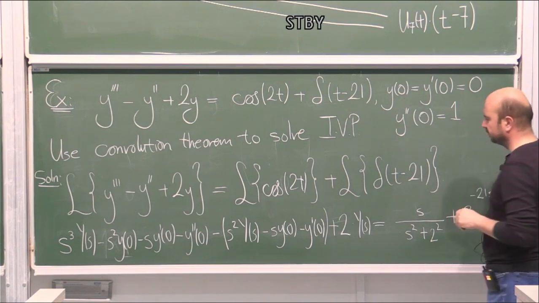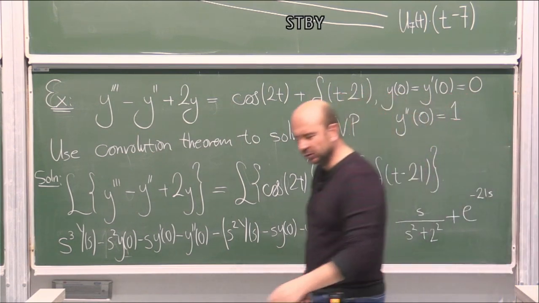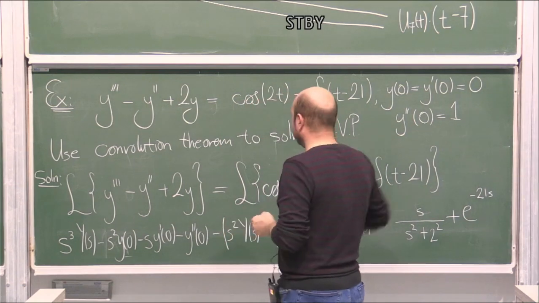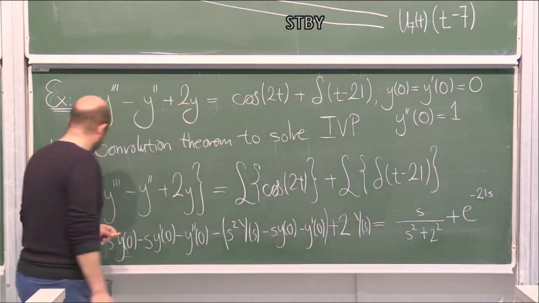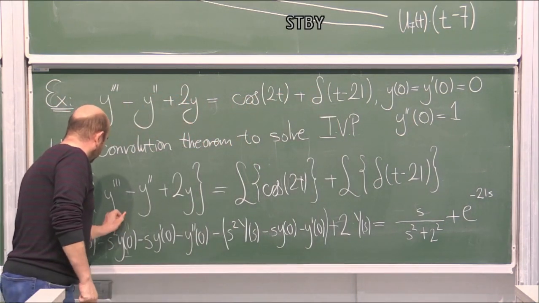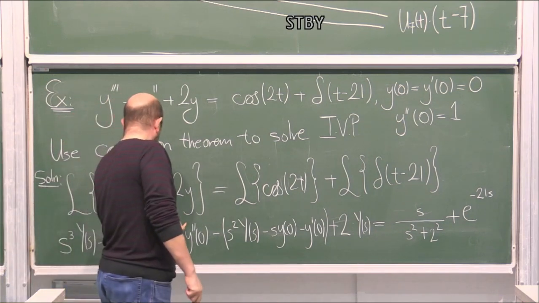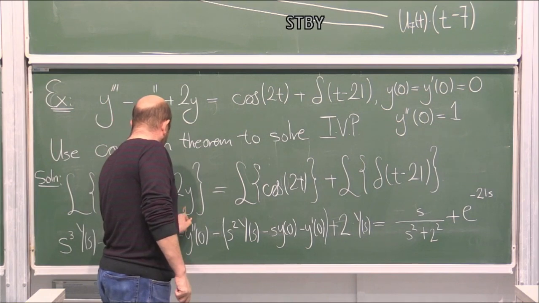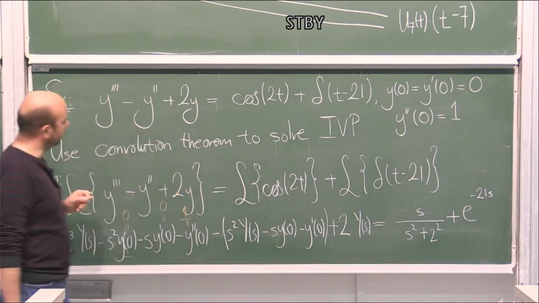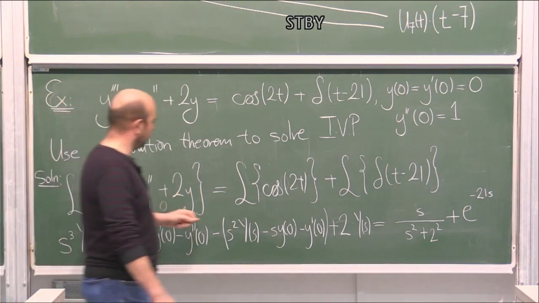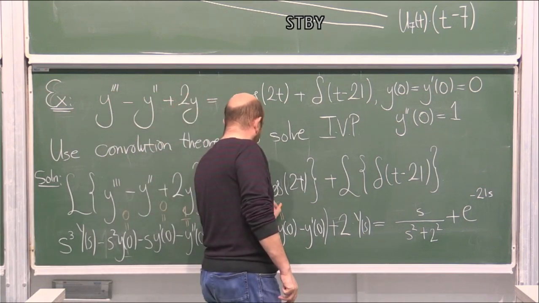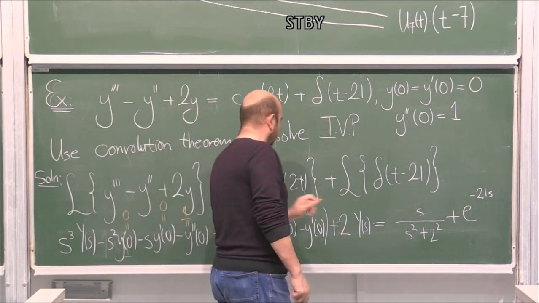That's what we have. All right, now let's put in the knowns, which are the initial values. Luckily, y(0) is 0, y'(0) is 0, but y''(0) is 1. Again, now this is 0, this is 0.